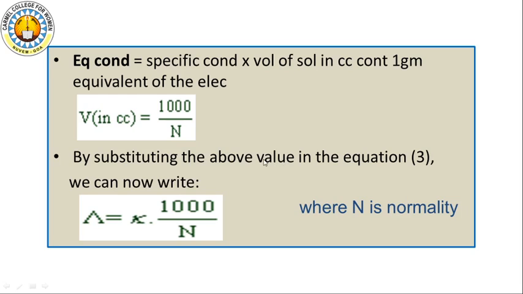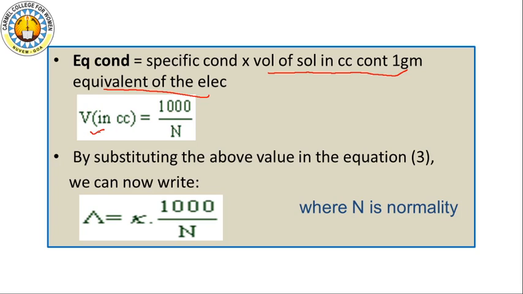Writing the same thing in words, equivalent conductance is equal to specific conductance into volume of the solution in centimeter cube containing 1 gram equivalent of the electrolyte. Now this volume in cc I can write as 1000 upon N, where N is the normality of the solution.